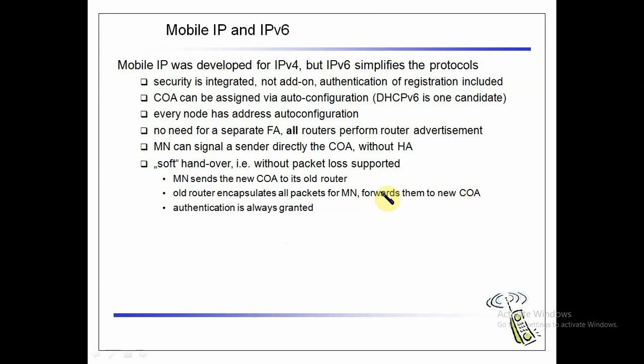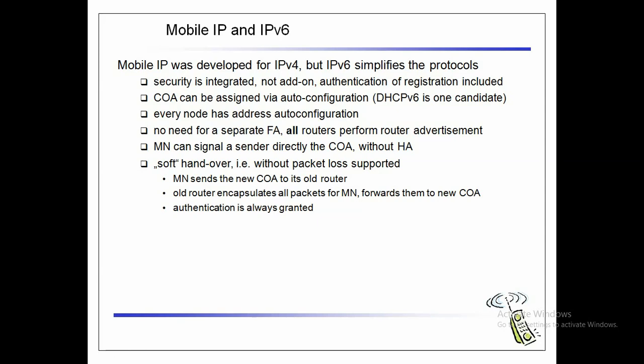Mobile IP was originally designed for IP version 4; IP version 6 came in about 1998, and it makes life somewhat easier, since several mechanisms that had to be specified separately for mobility support are now integrated in IPv6. One issue is security with regard to authentication, which is now a required feature for IPv6 nodes.